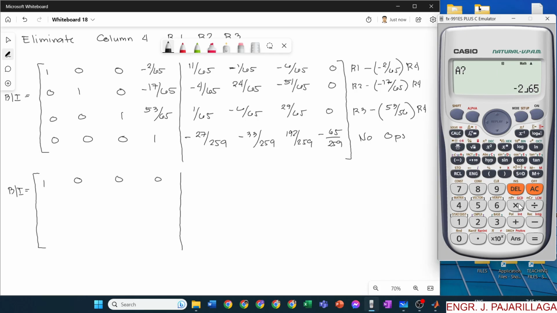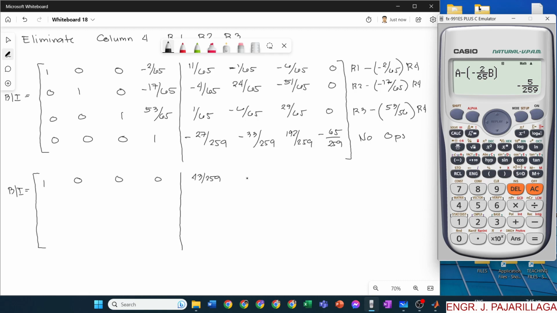Again, press calc. We have 11 over 65. And for B, we have negative 27 over 259. So we have 43 over 259. Then press calc again. You have negative 1 over 65. And then for row 4, we have negative 33 over 259.